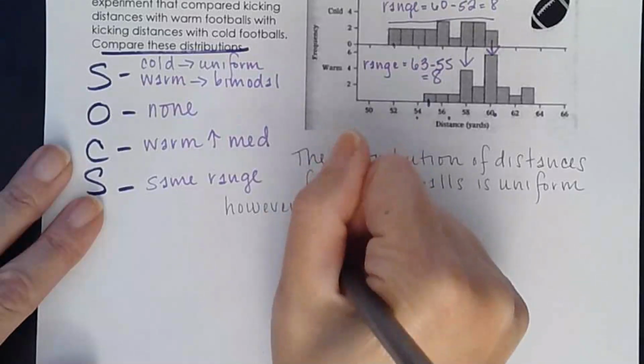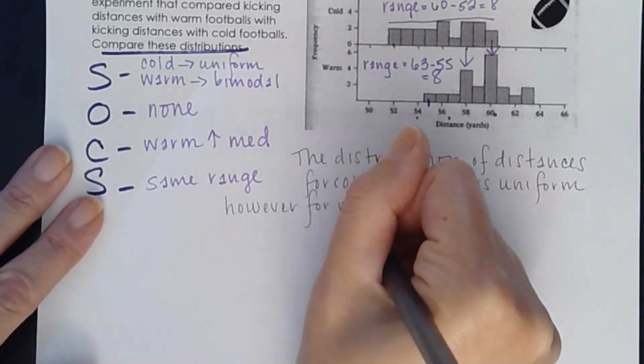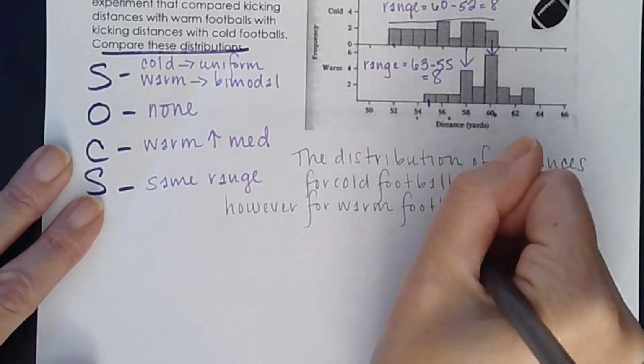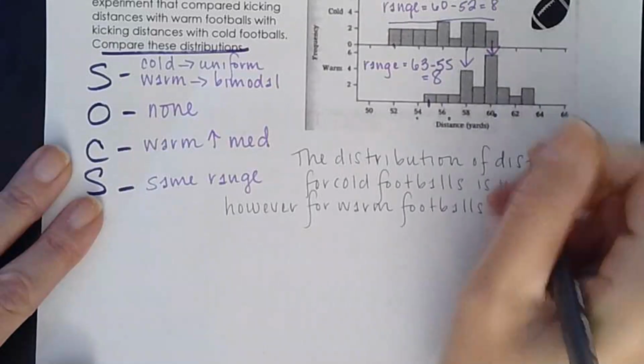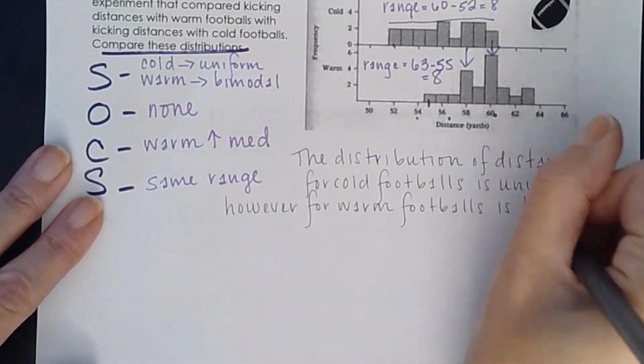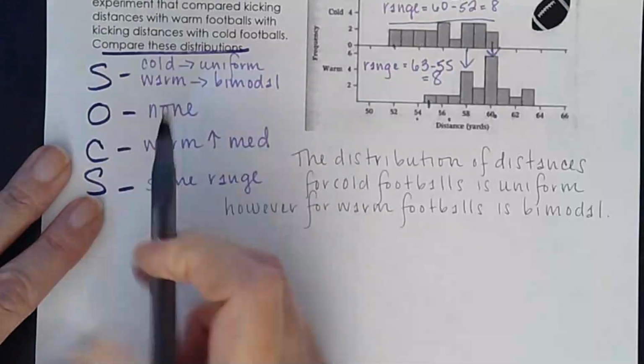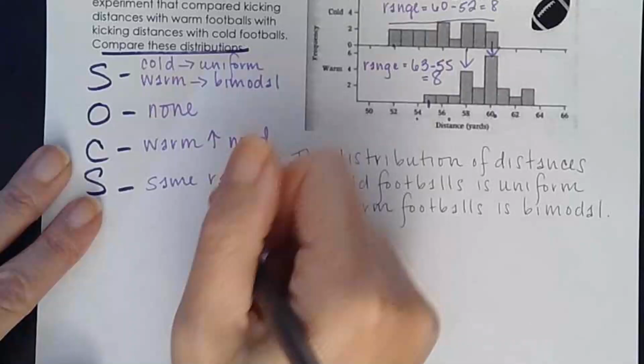However, for warm footballs, it is bimodal. Neither distribution appears to have any outliers.